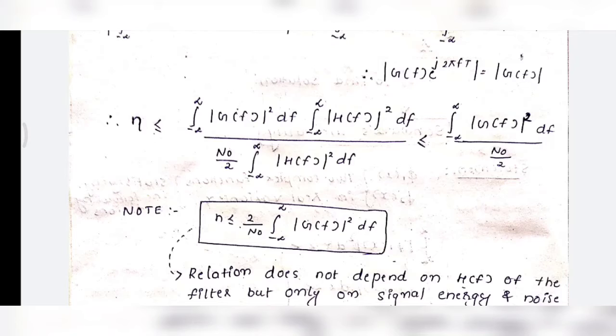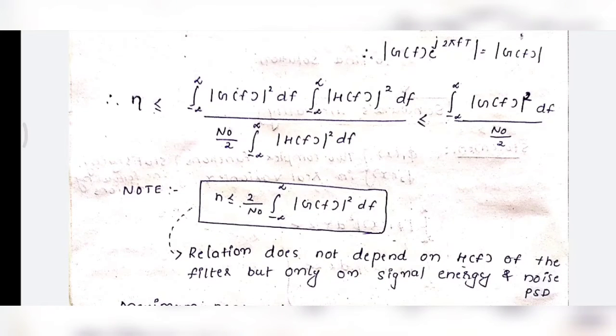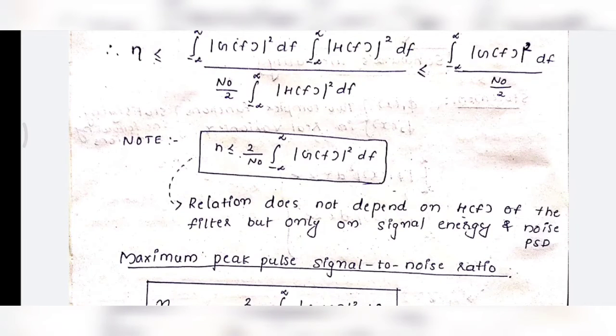And this is the relation from which we can determine the maximum signal to noise ratio in order to get optimum detection using matched filter. From this relation, we see that eta does not depend on h of f, that is called the transfer function of the filter, and depends only upon signal energy and noise power spectrum density, that is n0 by 2.